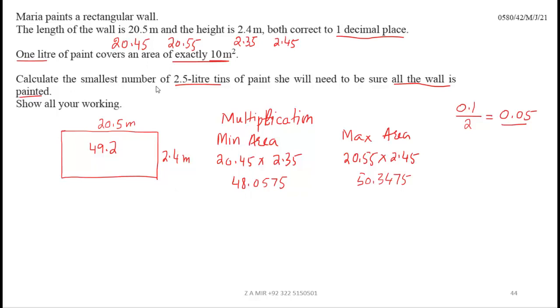But the question is, we have to find the smallest, the minimum number of tins, so that we are sure that all the wall is painted. So should we take this area, the minimum area, or the maximum area?